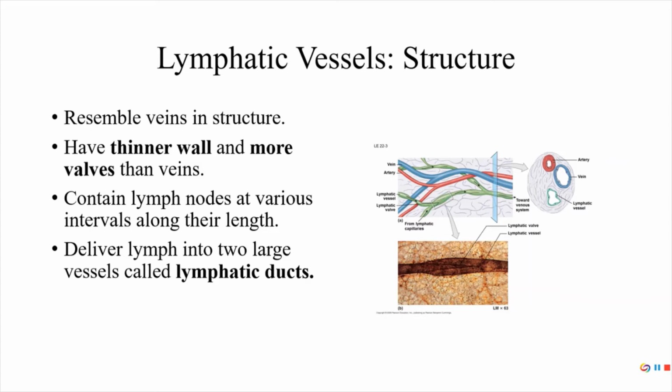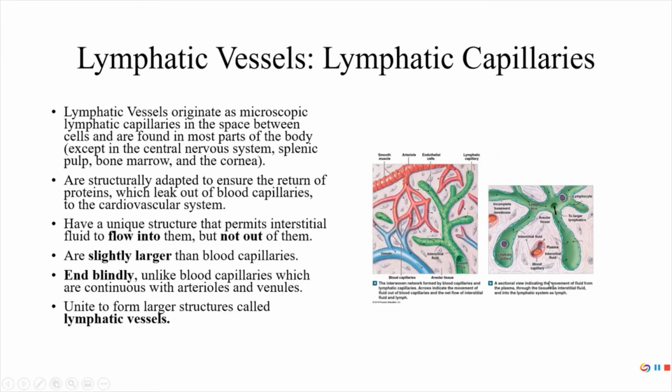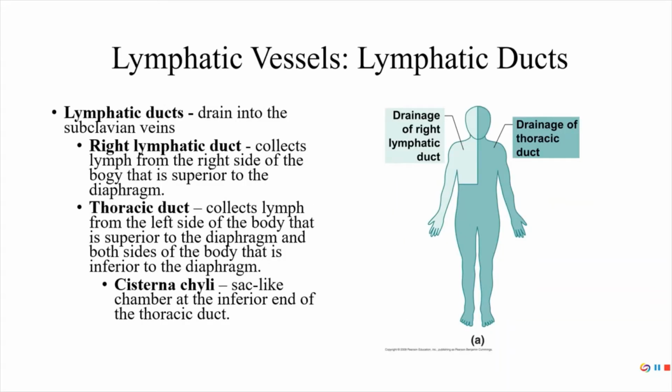Now, they'll come together into the two very large lymphatic ducts. And these two large lymphatic ducts are being fed by all these lymphatic capillaries. Lymphatic capillaries are basically draining lymph from certain parts of the body. They're uniting with lymphatic vessels. The lymphatic vessels eventually will go into a lymphatic duct, and they drain into the venous system.